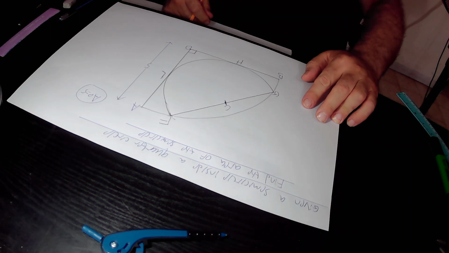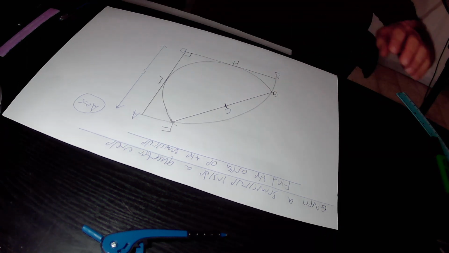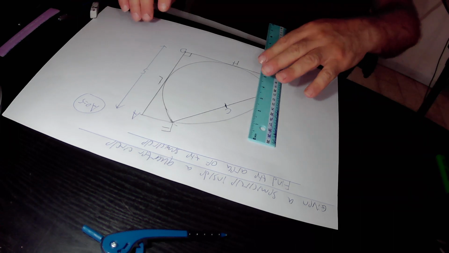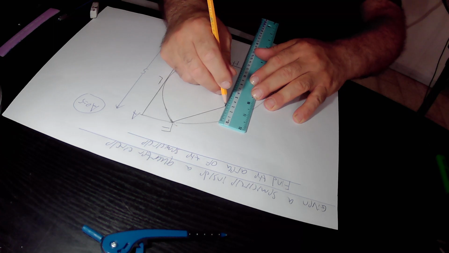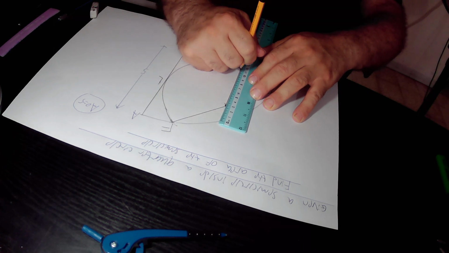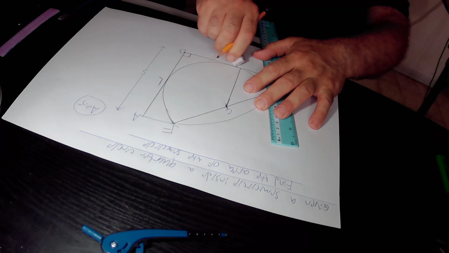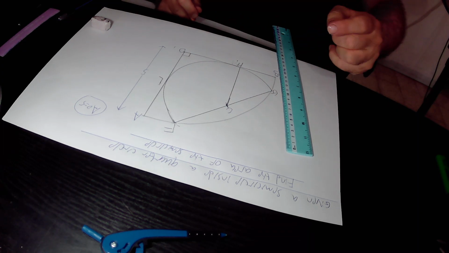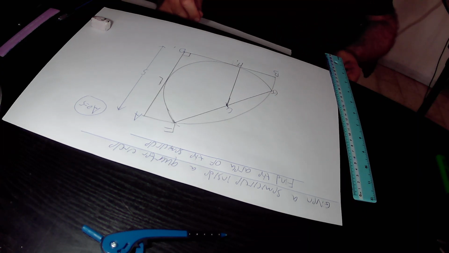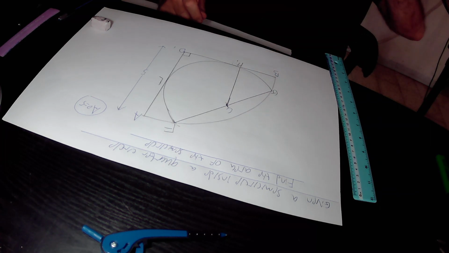In the next step, we will join points C and H together by a straight line. CH, actually, line segment CH starts from point C, that is the center of the semicircle, and ends at point H, that is a point on the semicircle itself.